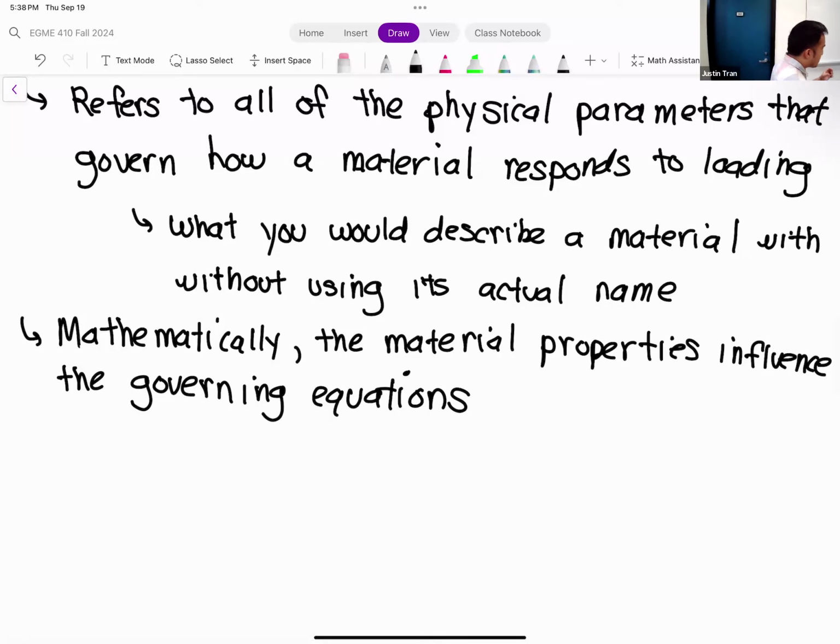And without going into specifics or writing the equations themselves, usually when you see a material property in a governing equation, it acts as a proportionality constant. So it acts as a coefficient to certain terms in the equation.